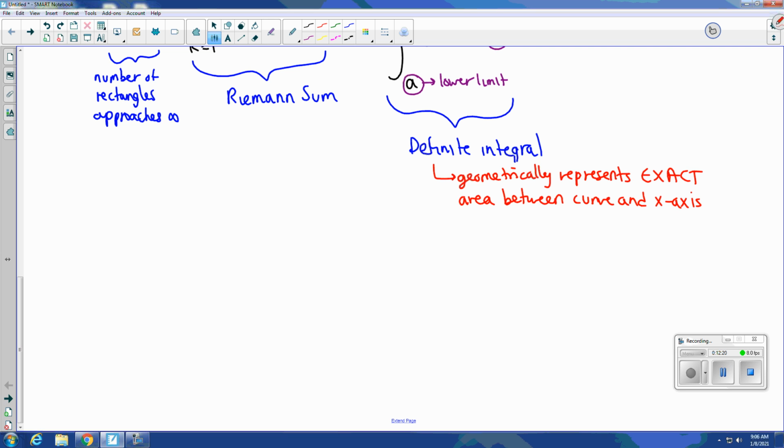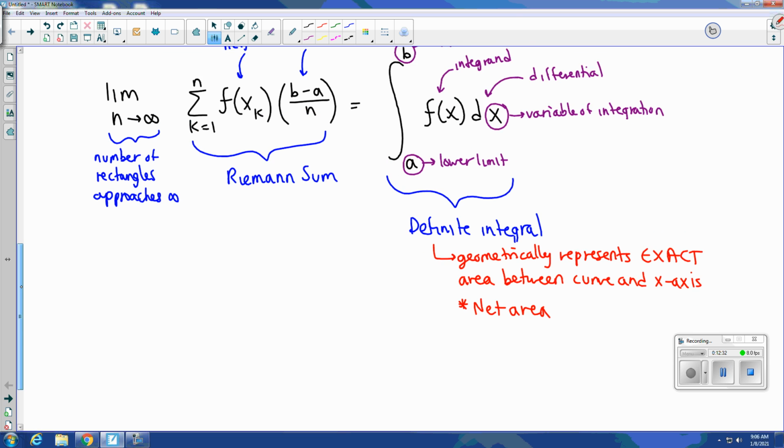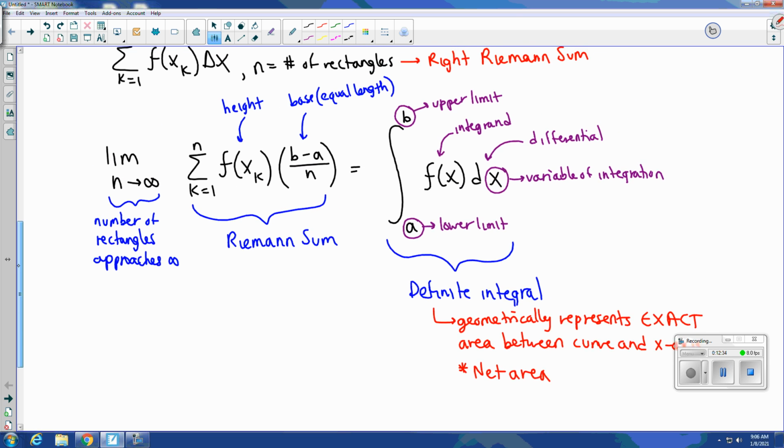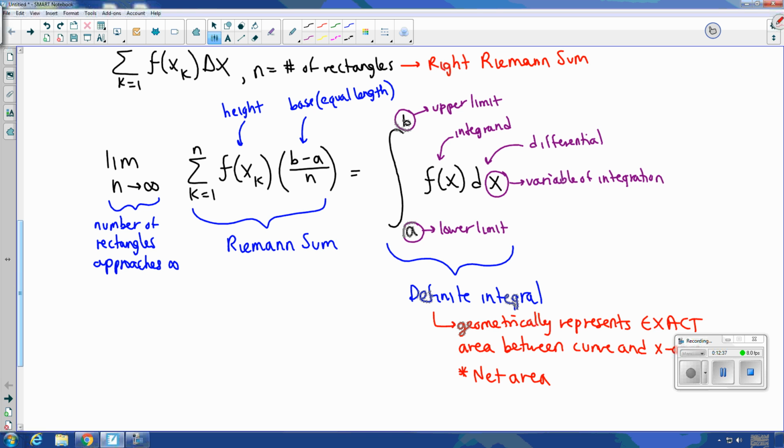And what we should note is that the area, it's actually the net area. And we'll take a look at that in another video. So meaning if it's above the x-axis, assuming you're working left to right, the area is positive. But if you're below the x-axis, the area is negative. And that's what we're going to jump into in the next video when we're talking about properties of definite integrals.